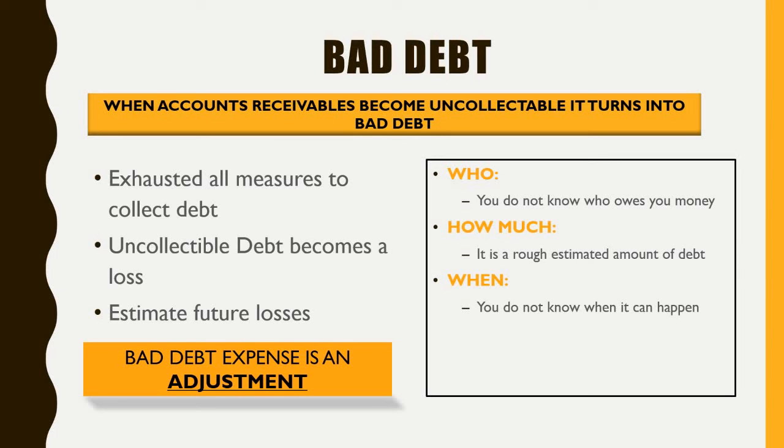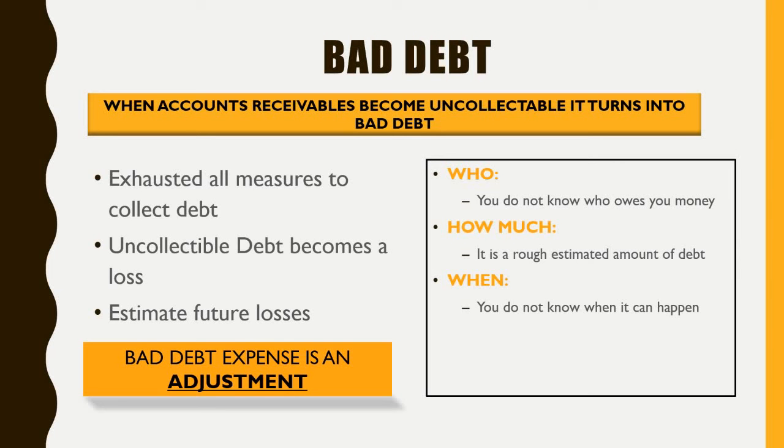In this case, it is based on an estimated amount. It doesn't have to be 5%. It could be 2%, or 1% of sales. But usually the recommended amount from the IRS is a maximum of 5% per year.